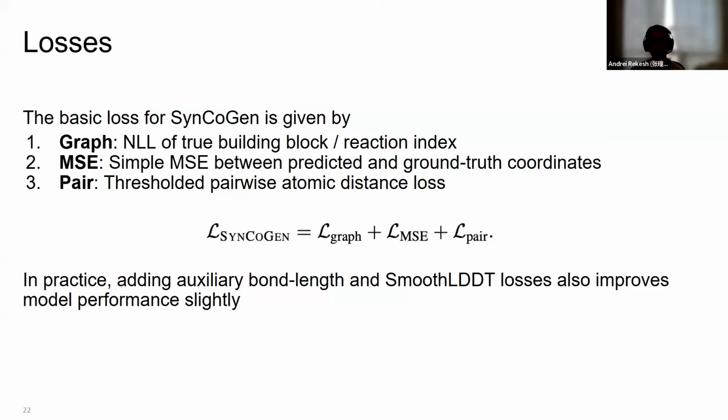To get around this, with the pharmacophores, first of all, I should clarify that the pharmacophore model is trained separately. It is a retraining of SynCoGen, but the fragment linking is not. That's because the pharmacophore model requires that we modify the backbone to incorporate conditioning information from pharmacophores.